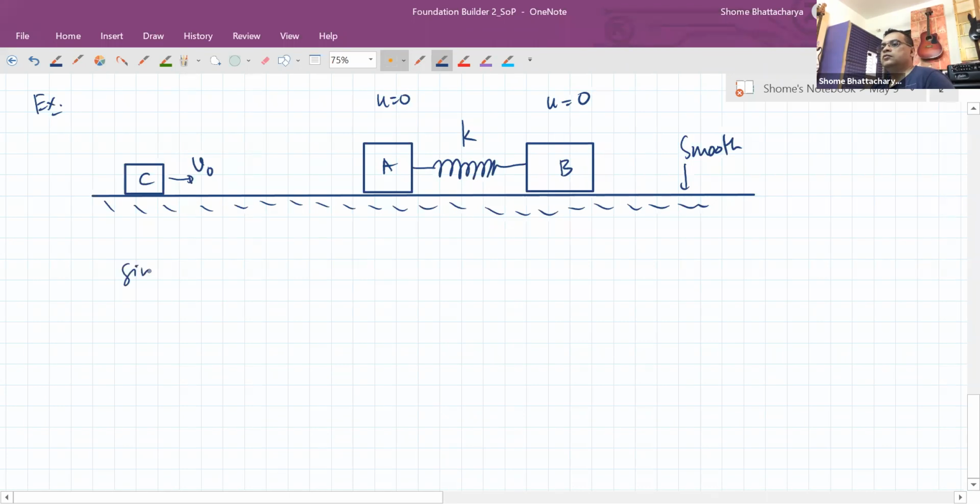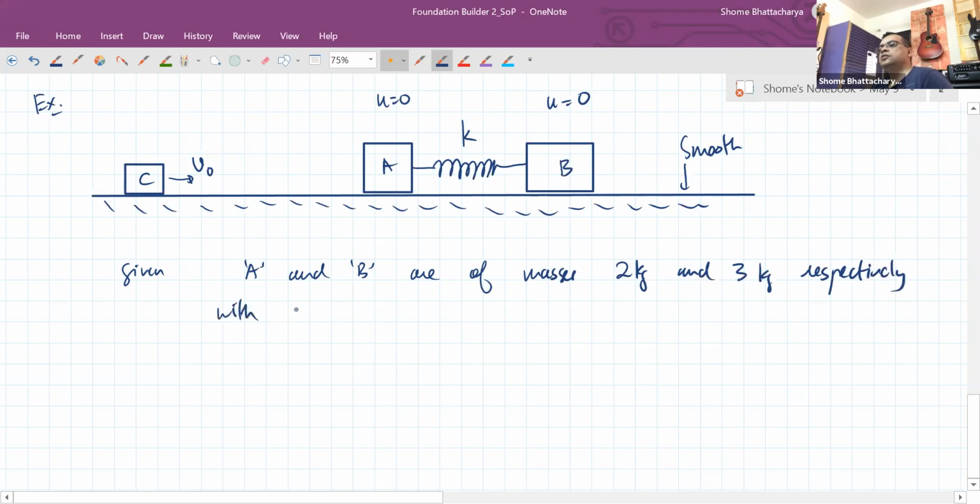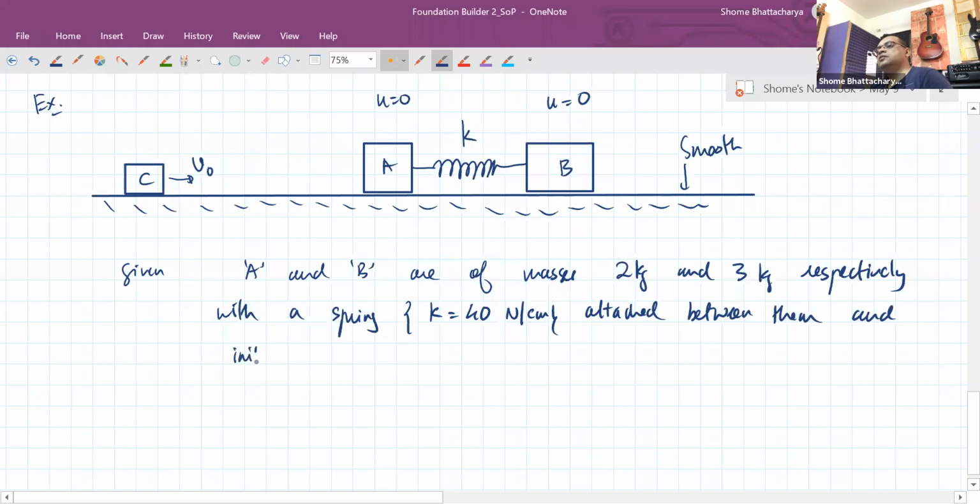So given that A and B are of masses 2 kg and 3 kg respectively, with a spring of spring constant, let us say 40 newtons per centimeter, attached between them and initially at rest.